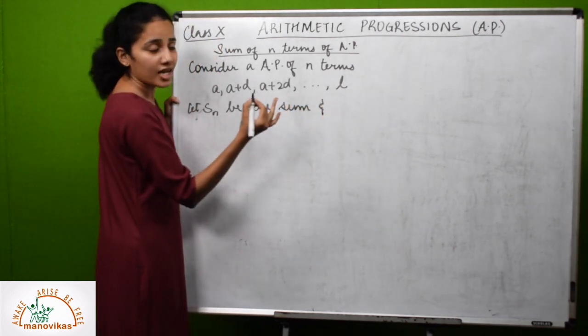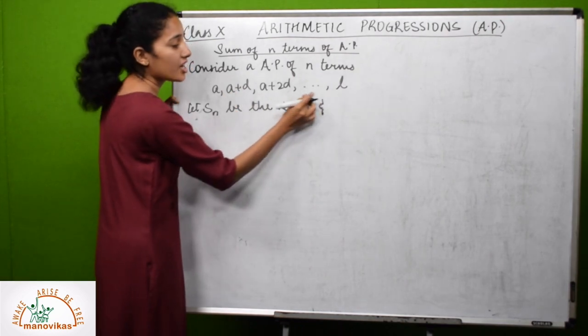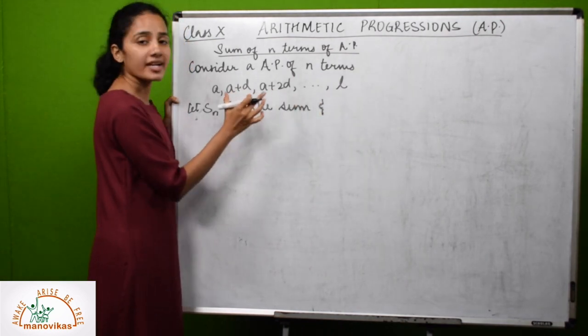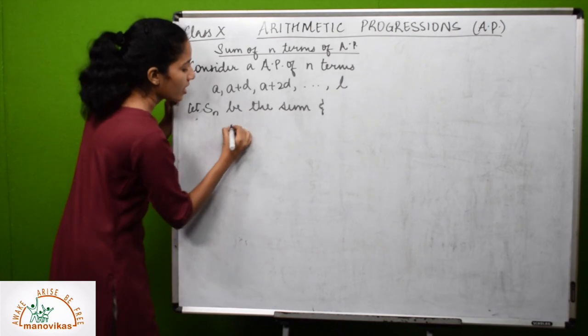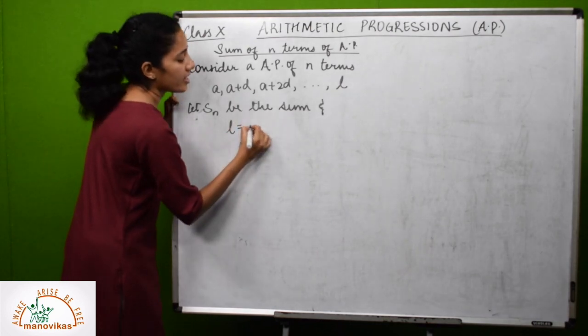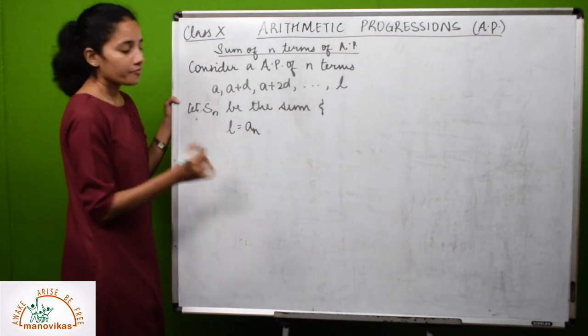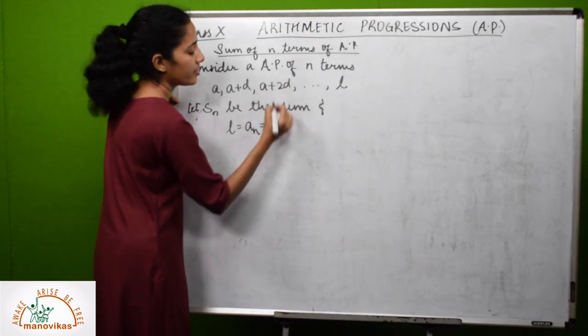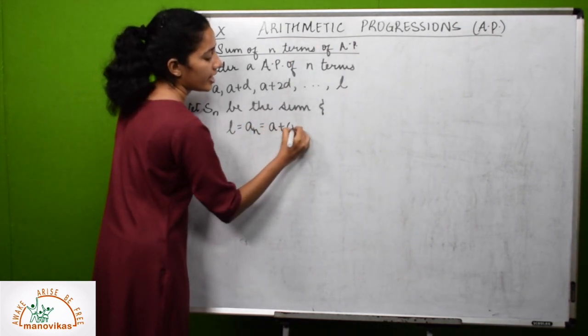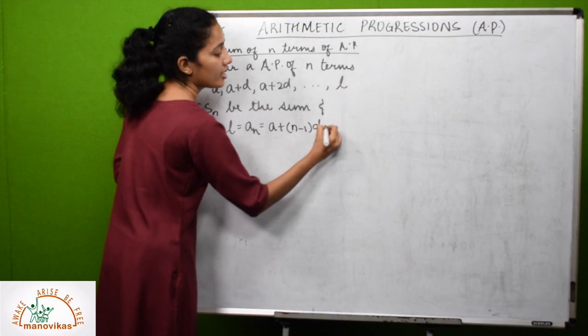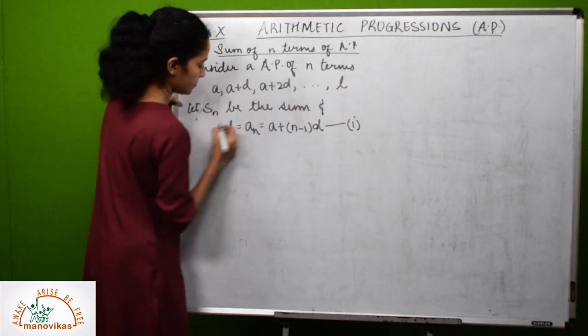Since l is the last term here and this is a finite sequence, l is nothing but the nth term. And the nth term for the AP is given as a plus n minus 1 times d. Let us take this as equation 1.